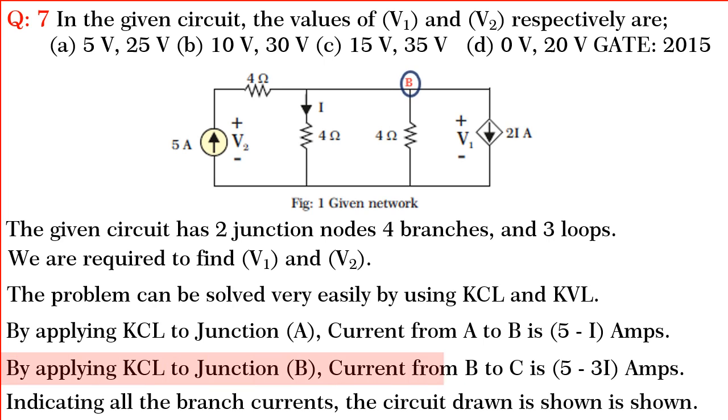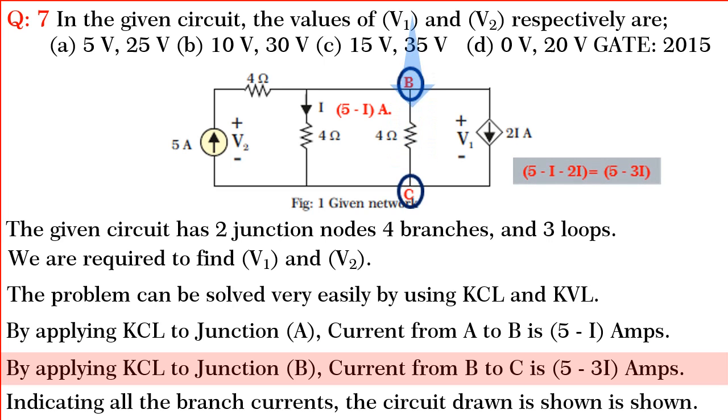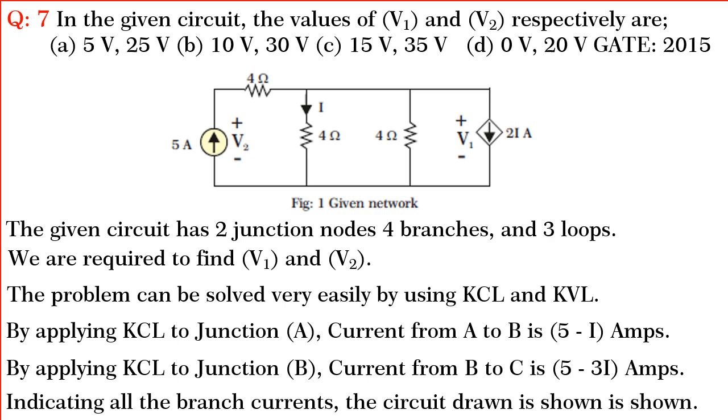Similarly, consider node B. 5 minus I amperes enters B and 2I amperes leaves B. So, current from B to C is 5 minus I minus 2I equal to 5 minus 3I amperes. Friends, now we know all the branch currents.